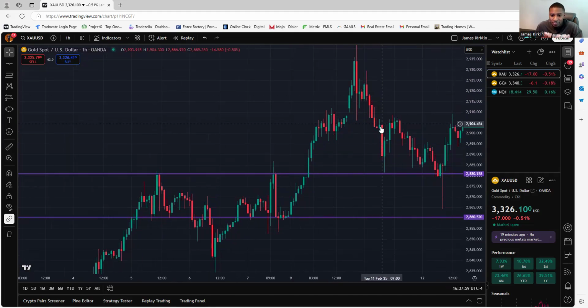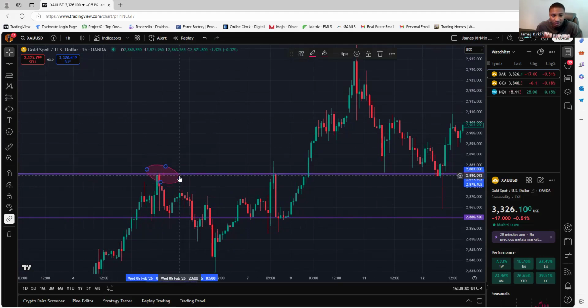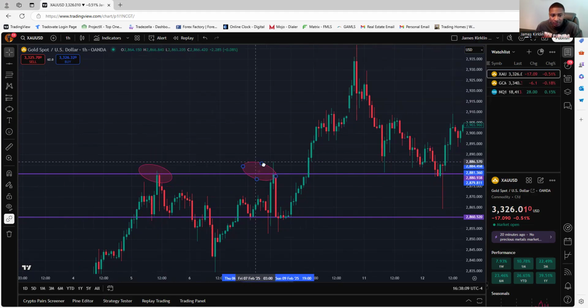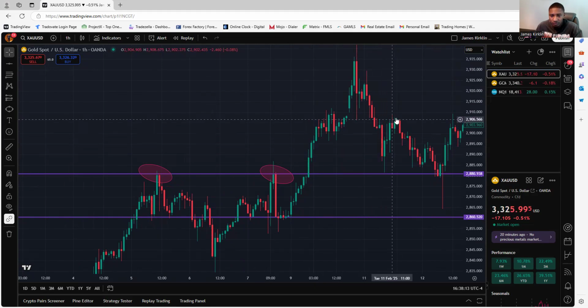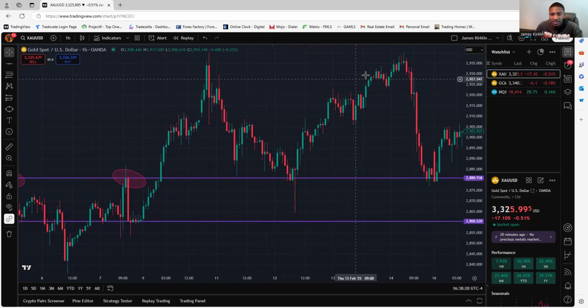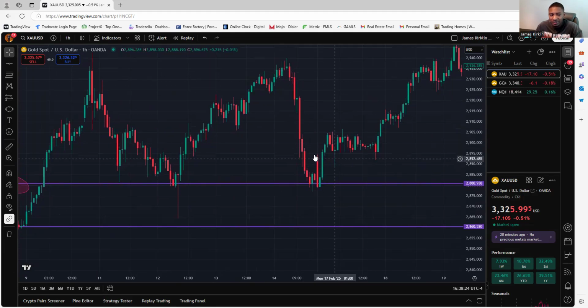Price came back, retested this same area, right? Retested the same area. Boom, boom, boom. The market is just a repeating cycle over and over and over.